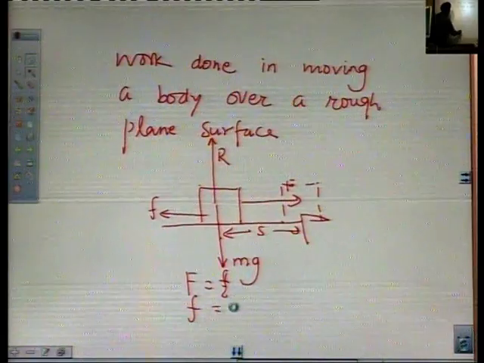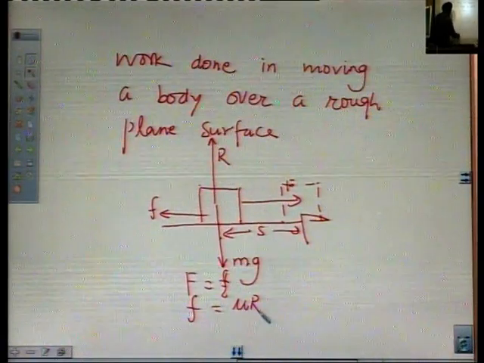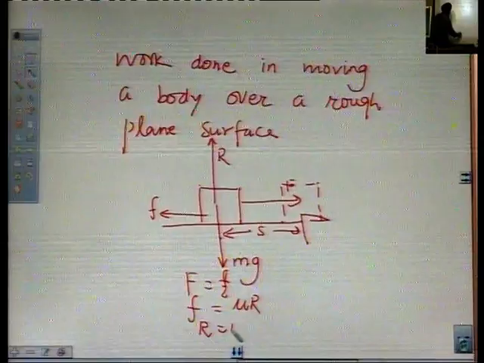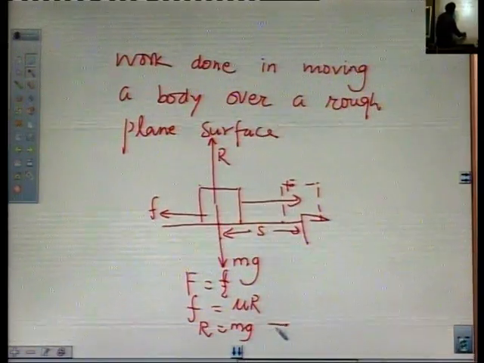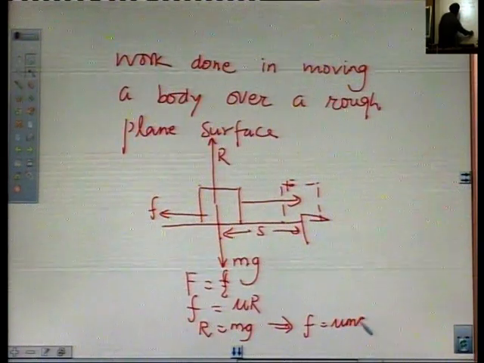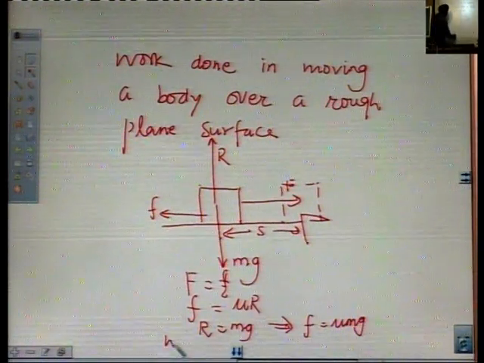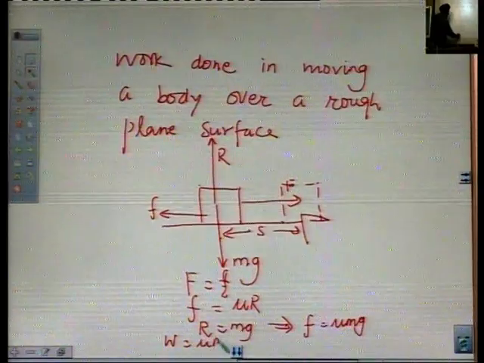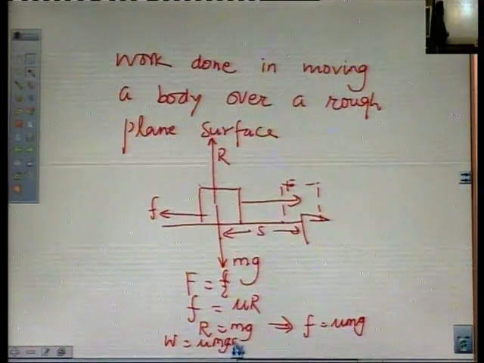Force of friction is equal to mu R, R is equal to mg. This means F is equal to mu mg. So, work done is F into S, mu mg into S.